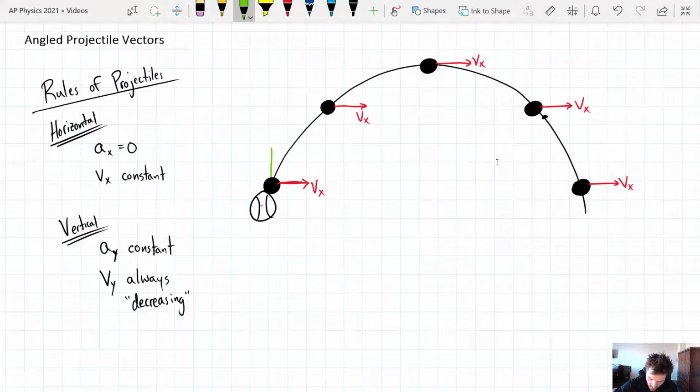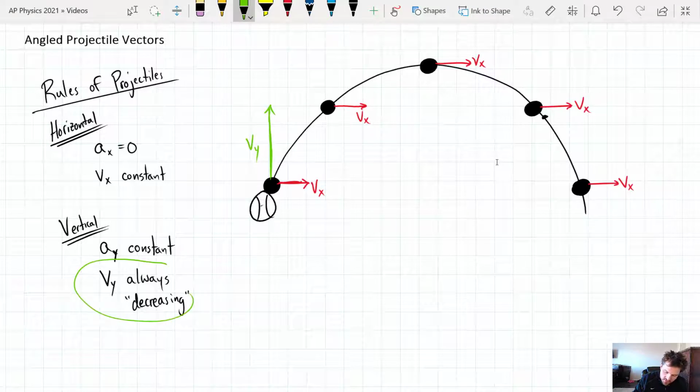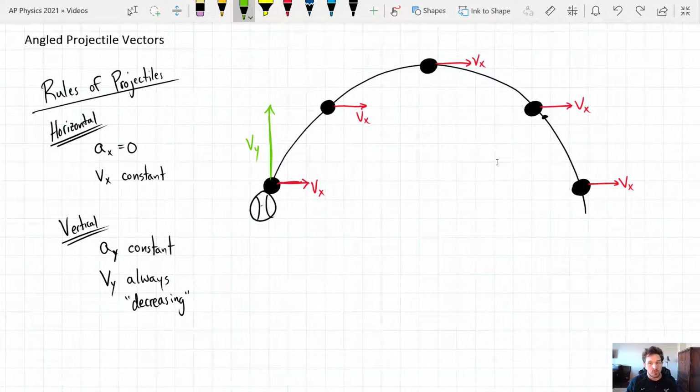And when you first throw a ball up, it's going up real fast. That's a real big arrow, right? But that's the y velocity. About halfway, this ball on its way up is slowing down. It's going slower and slower because the velocity in the y direction is always decreasing. So the way we show that is we draw a shorter arrow.